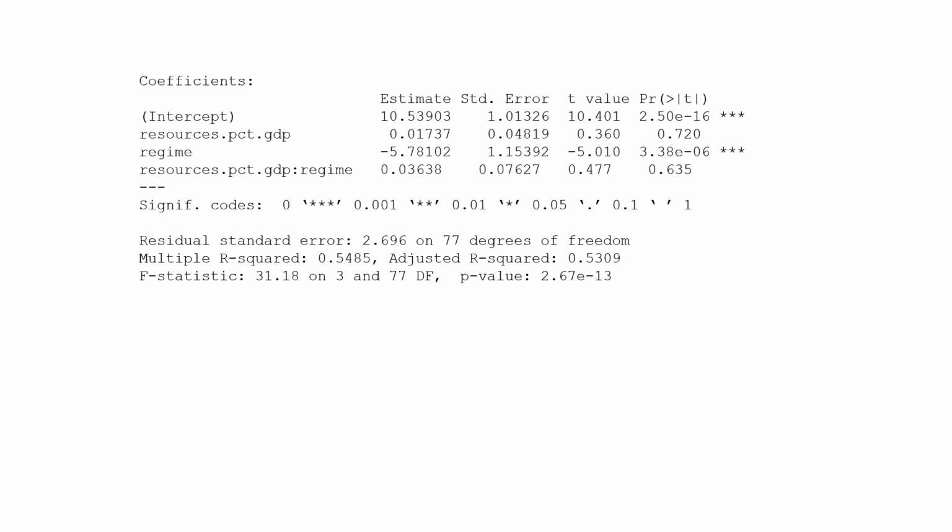The value of the intercept is the same. It is the estimated level of corruption for autocratic countries. The interpretation of the second estimated parameter is now the estimated effect of resources for autocratic countries on corruption. In this case, when variable regime is held at 0.